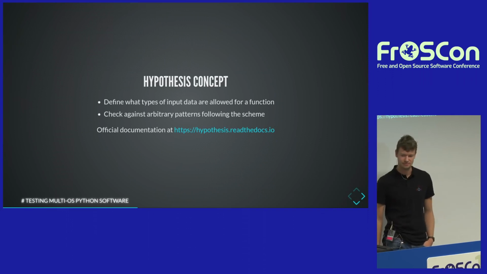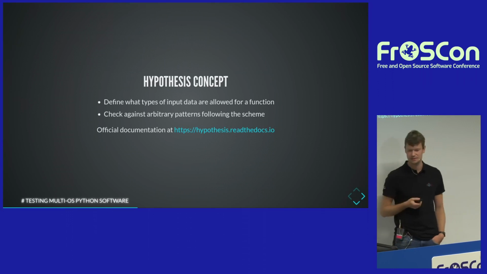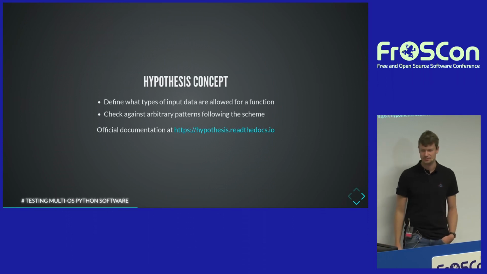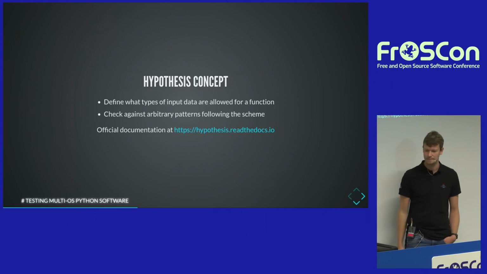And then Hypothesis helps you to check against arbitrary patterns following that scheme. So if you want to check against strings, then Hypothesis will craft some strings and check your function against that. And there's a very nice documentation, which I recommend you to read if you want to try it out, or at least take a look at it.